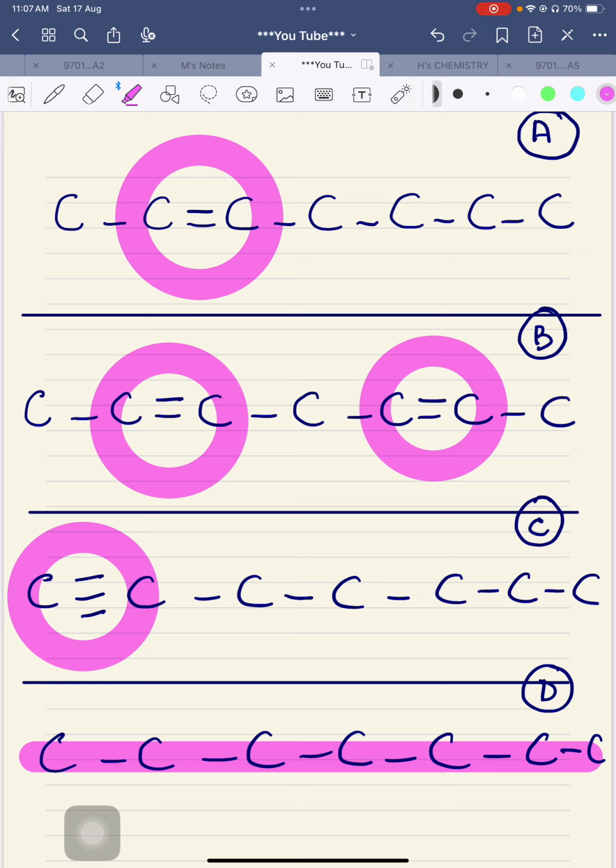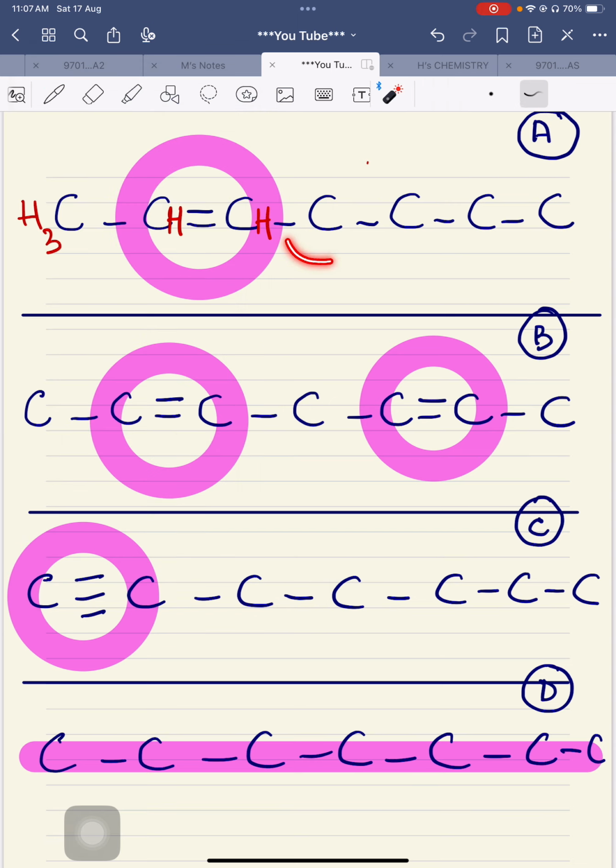For example, the first carbon has made only one bond here, so it is going to make three more bonds. So here I'm going to write H3. What about the second one? It has made three bonds already, so it is going to make one bond here. And the third one has already made three bonds, so it is going to make one more bond. What about the next one?